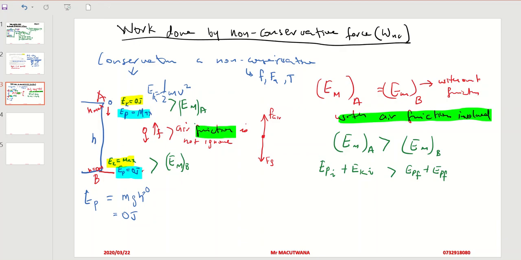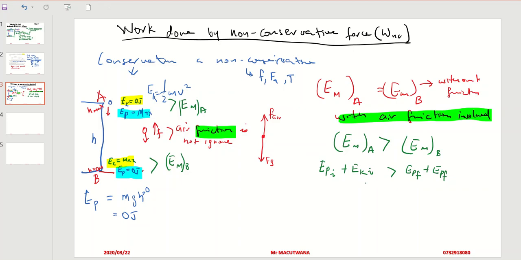It would mean we need to think about the work done, the energy which is taken out of the system due to this force of friction, or frictional force. If you notice this, we're saying at A, that is initially, the energy is bigger than the energy at B, that is finally.